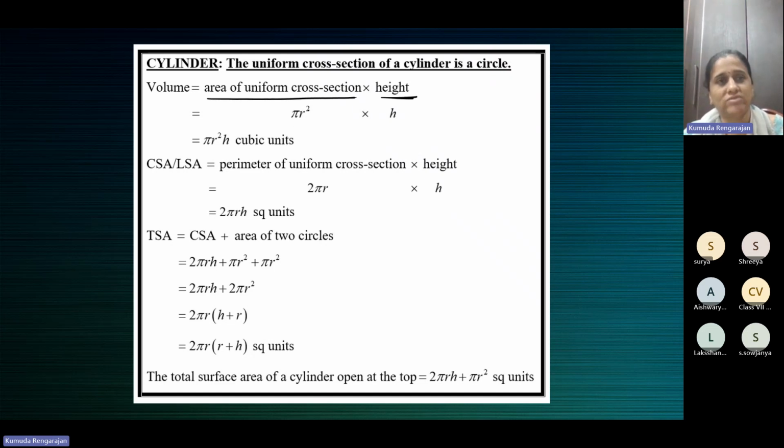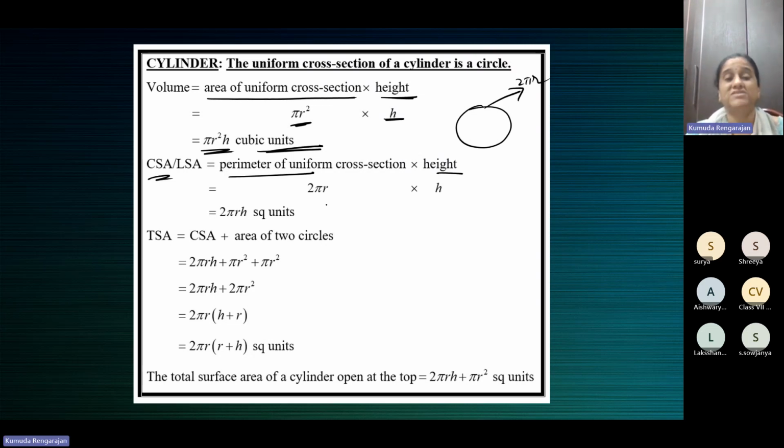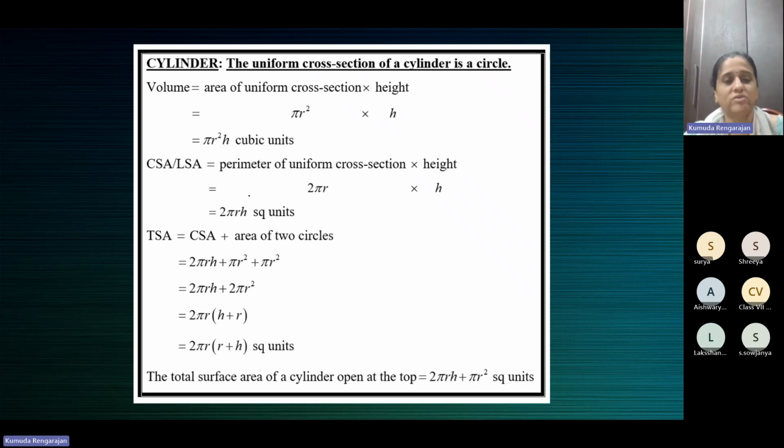The uniform cross section is a circle, and area of a circle is pi r square, into h, so pi r square h cubic units. CSA: perimeter into height. Perimeter of a circle, the circumference, is 2 pi r. So 2 pi r into height, height of the cylinder, h. So 2 pi r h square units.